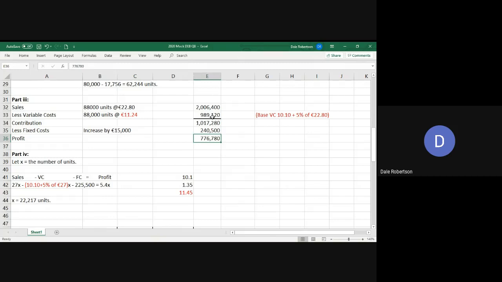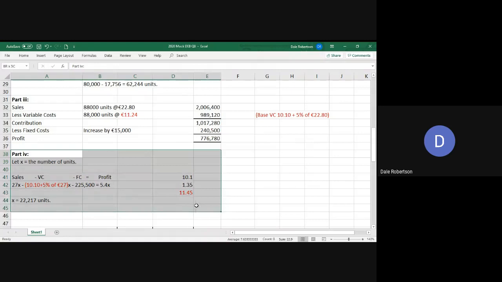Part 4 of the question. Here's where we use our algebra technique. It says in the question, calculate the number of units that must be sold at €27 per unit to provide a profit of 20% of the sales revenue from these same units. So we let X equal the number of units.